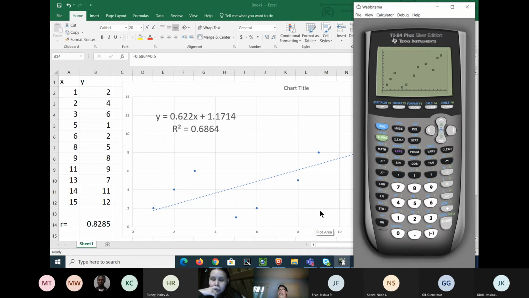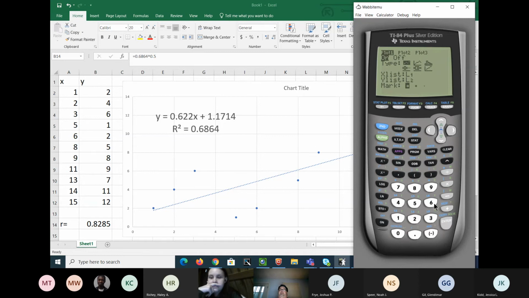I'm going to do it one more time. Here we go. Second, y is equal. If you look above, it says stat plot. That's what you're hitting. I'm going to click on the first one because that's the one I always use. You can use any one you want, but I'm going to use the first one. I'm going to click on, and hit enter.